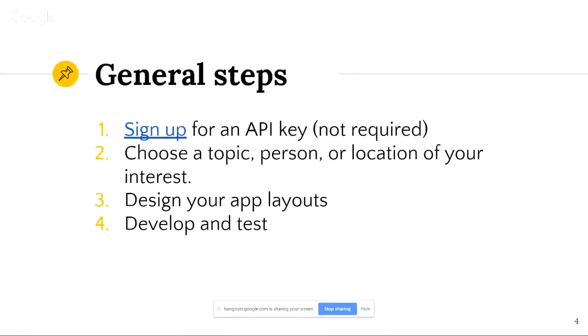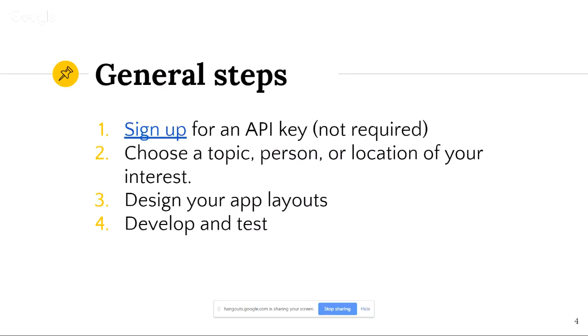Here's a list of general steps you may want to take into consideration to complete this project. First of all, sign up for an API key. This step is not required, but I encourage you to take the time and sign up for a key.